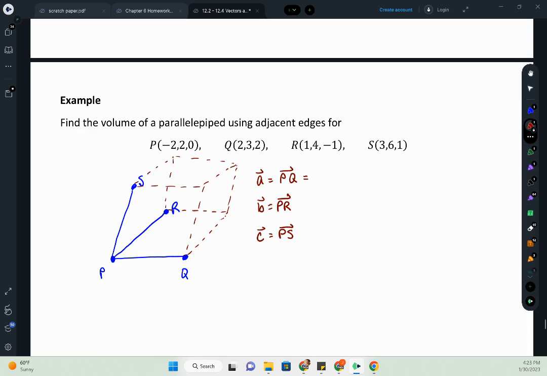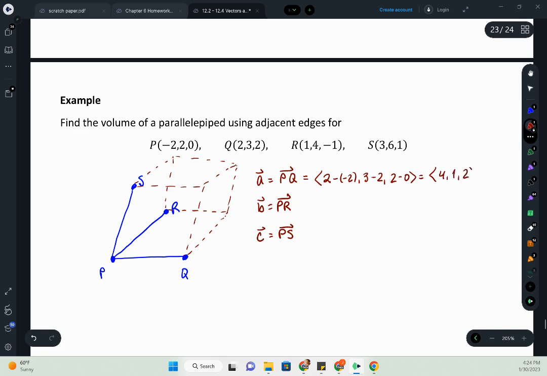So we'll take the components of Q and subtract the components of P. That means in the first component I have 2 minus a negative 2. Second one I have 3 minus 2, and then 2 minus 0. That simplifies down to 4, 1, and 2. My second vector, PR, I have 1 minus a negative 2.